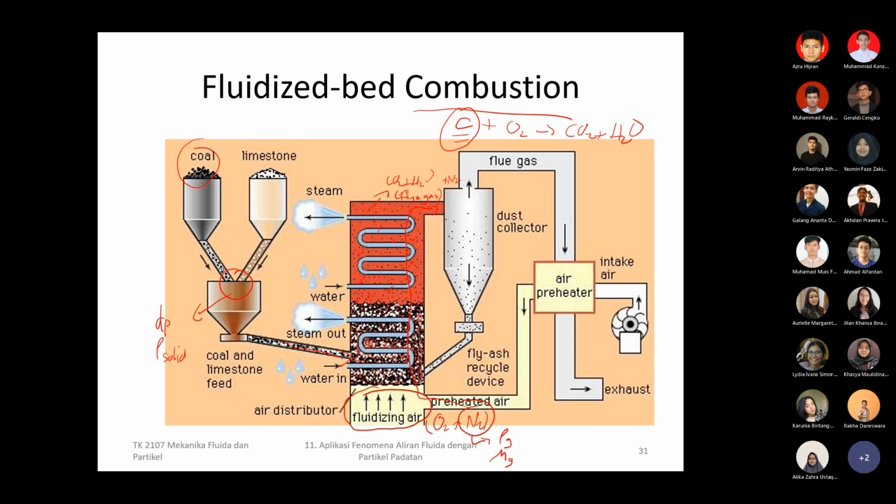So of course the dynamics of the column change as a function of the height of the column. Maybe here you still have a big particle, then it becomes smaller, and at the top it becomes very small. So when we're talking about the particle Reynolds number and the minimum fluidization condition, it changes along the way. The smaller the particle, the easier it will be uplifted by the fluidizing air.